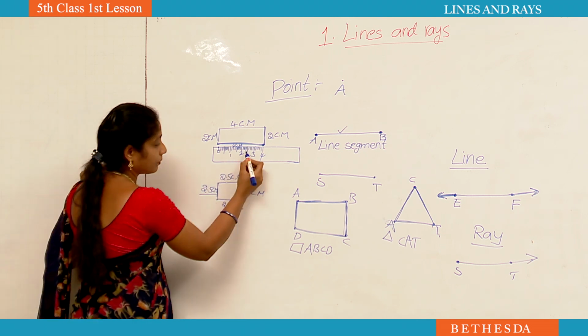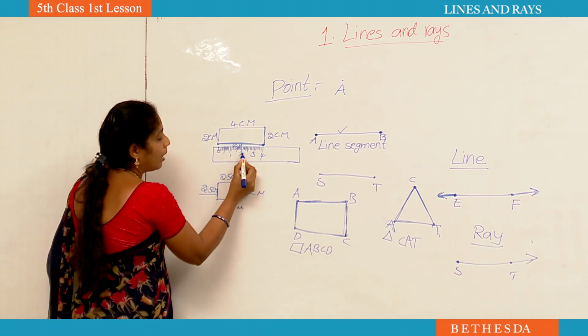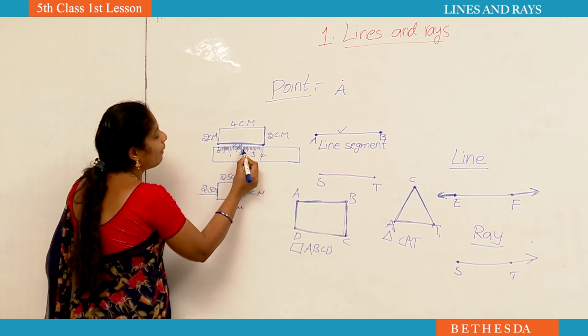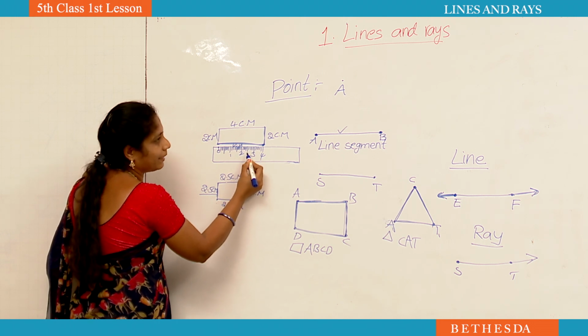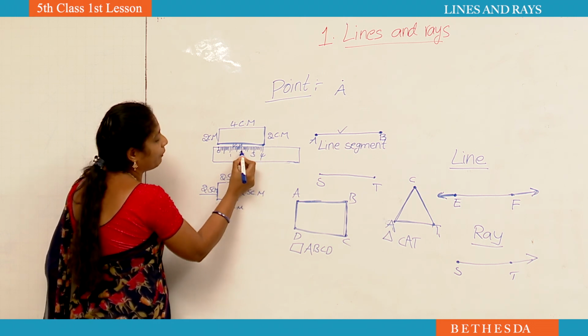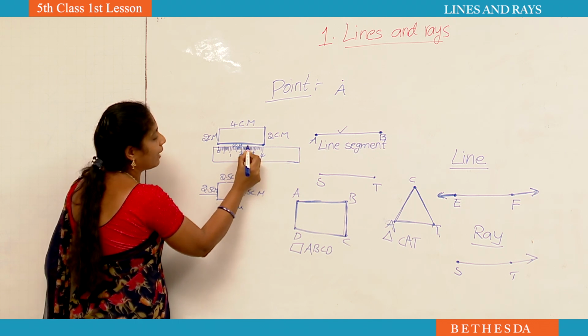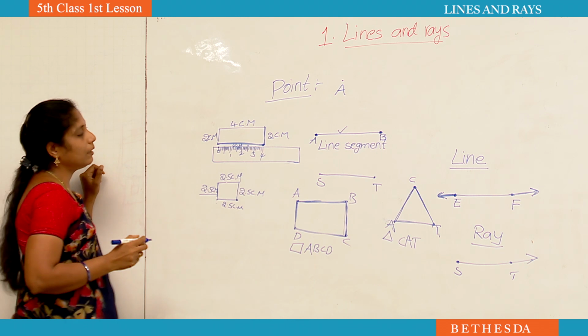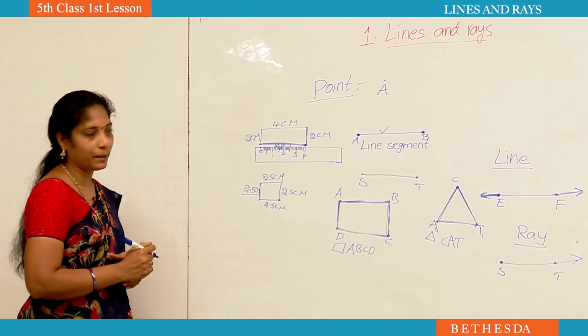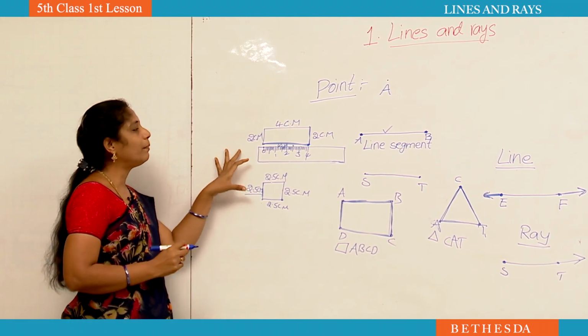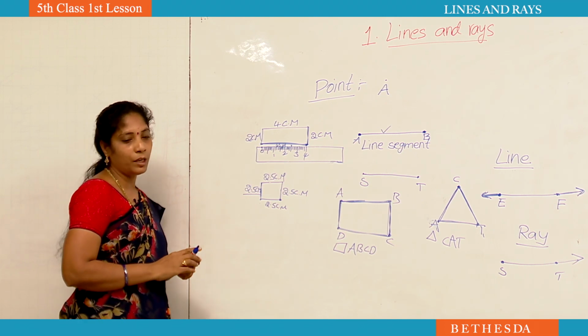See here, if you get any number after 5 small lines, those are millimeters, we will write 5.5. See here, 2 after 1, 2, 3, 4, 5. Yes, here we will measure that as 2.5 centimeters. Okay, you have to measure like this, like your shapes.